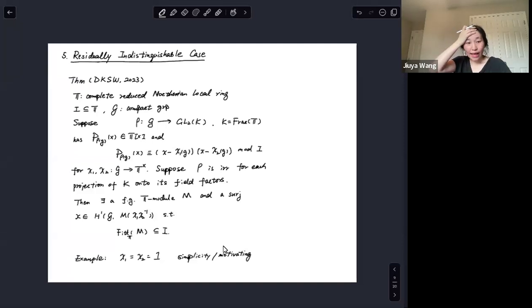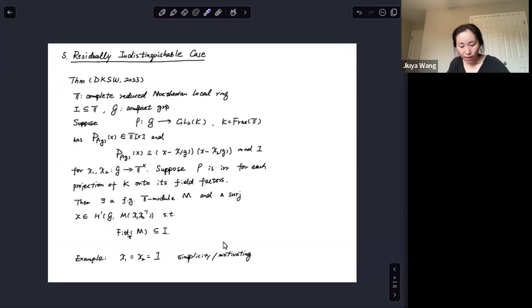Our main theorem now states that for T a general complete reduced Noetherian local ring, I an ideal, and G a compact group, suppose you have this Galois representation rho into GL2(K), where K is the total ring of fractions, with characteristic polynomials lying in T[X] and satisfying this congruence condition mod I. Suppose rho is irreducible on each projection to the field factors.